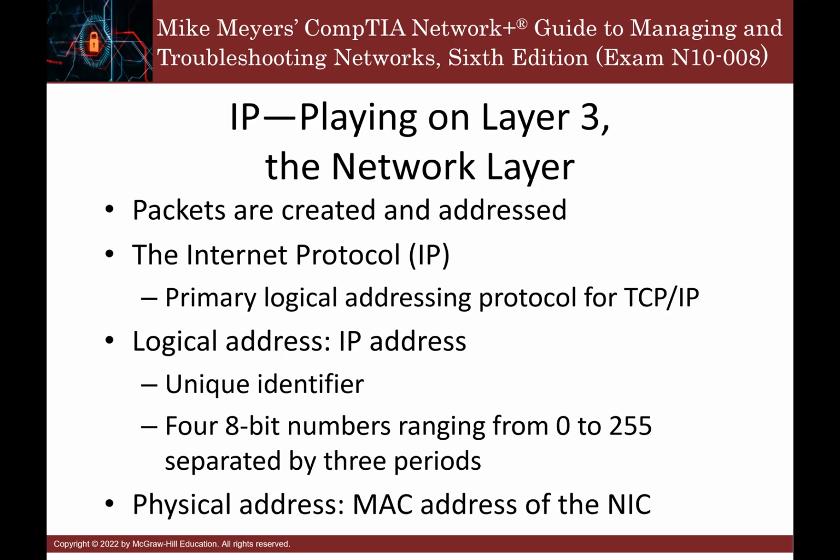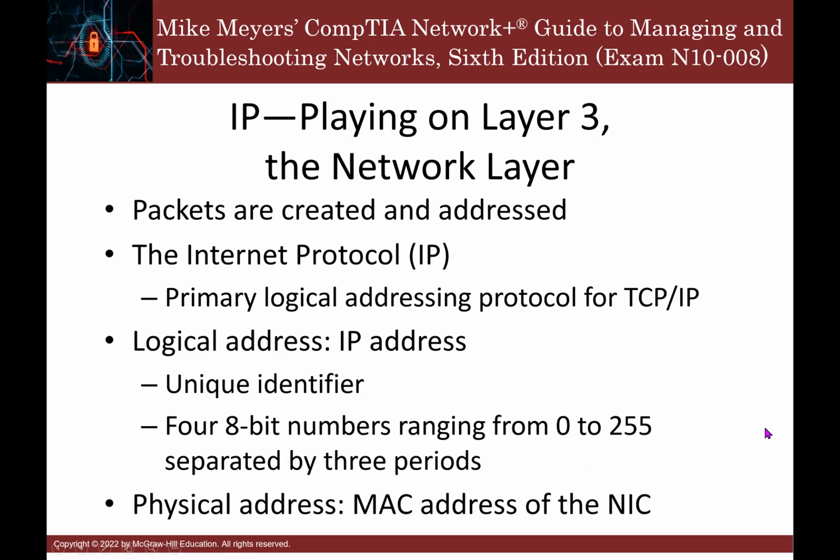So a logical address, an IP address, is a unique identifier. It's 4 8-bit numbers ranging from 0 to 255, separated by periods. So you saw that when we did our binary conversion. We set things up in groups of 8 bits, and the values could not be more than 255, and they were separated by periods.